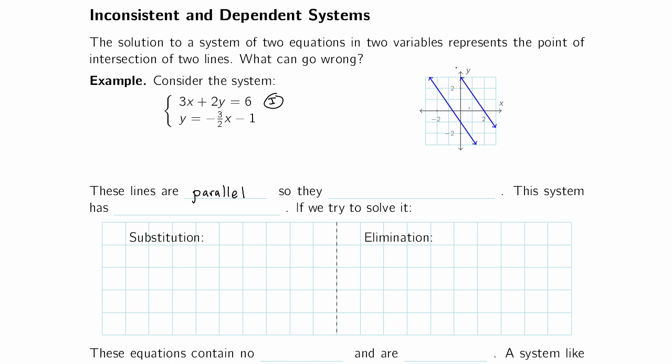This line is the graph of equation 1. And this line is the graph of equation 2. The lines are parallel, so they don't intersect. This system has no solution.